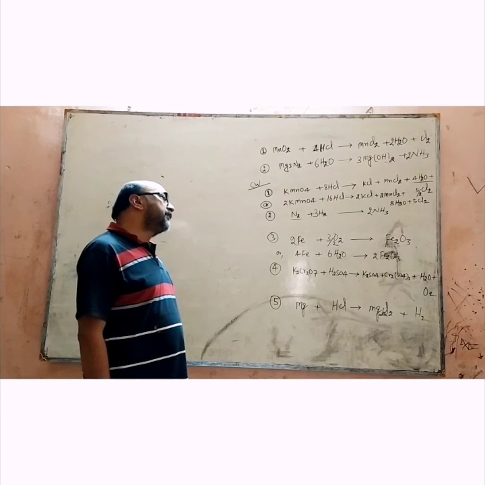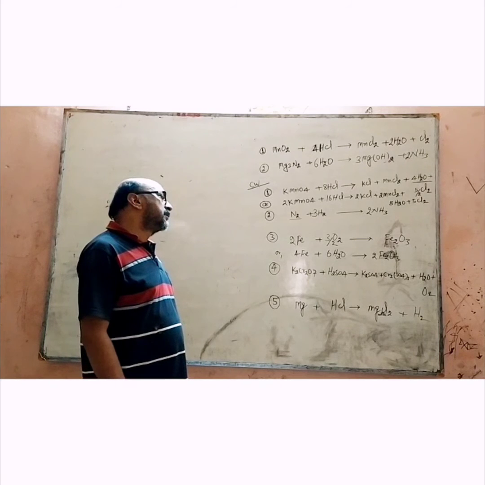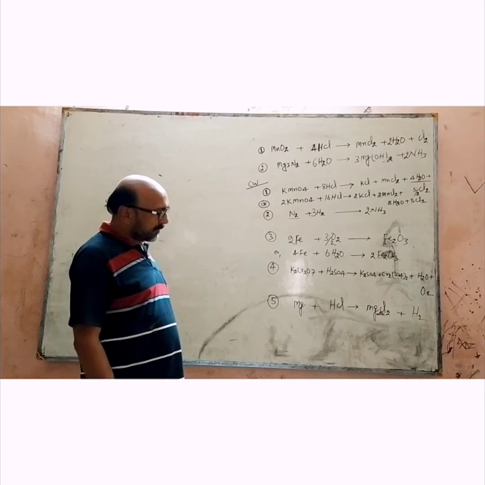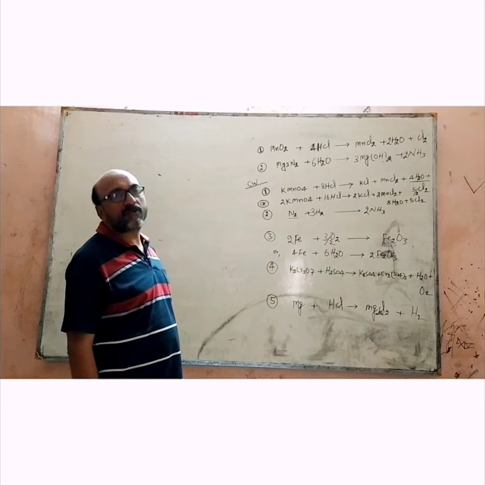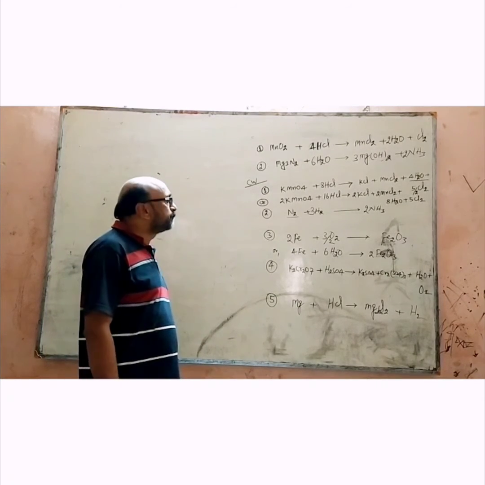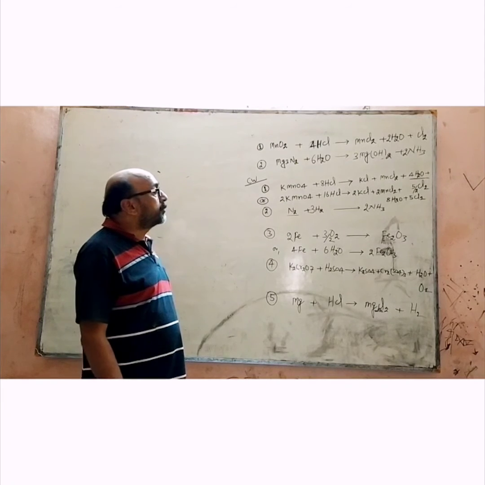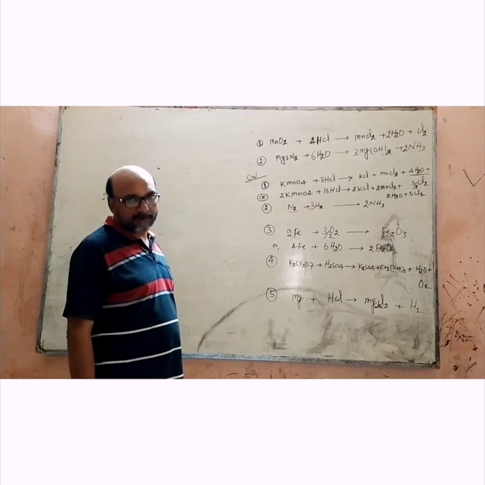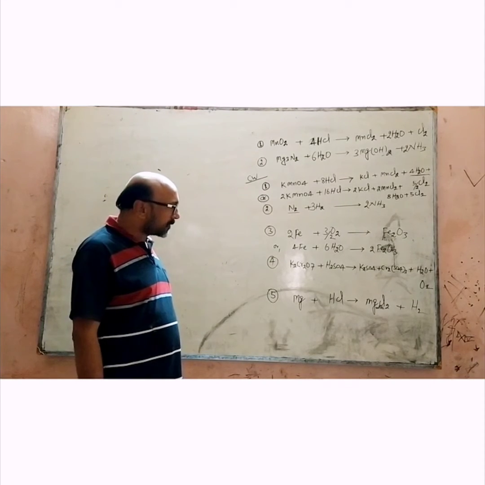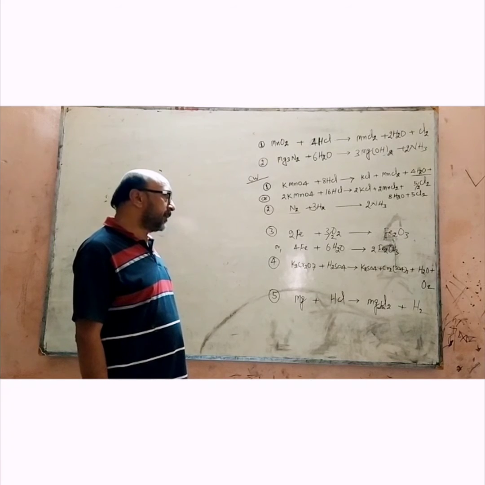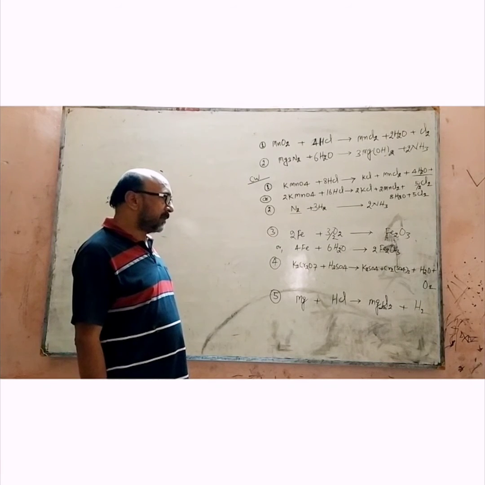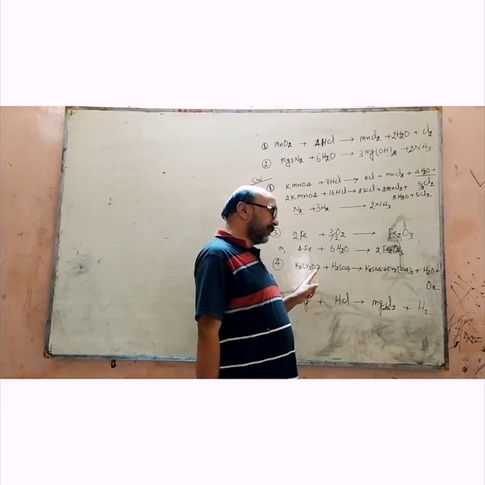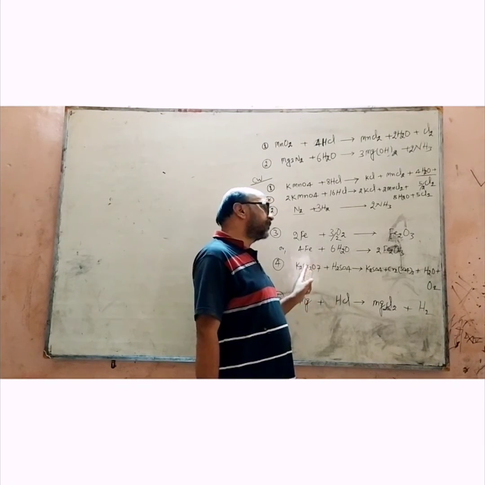So if a compound having oxygen, a salt having oxygen, reacts with any acid to form salt, water with the release of oxygen gas, the number of oxygen atoms present in the salt K2Cr2O7 is 7.